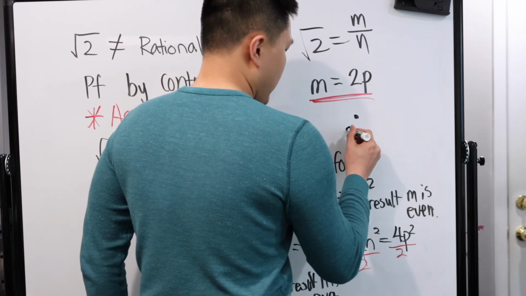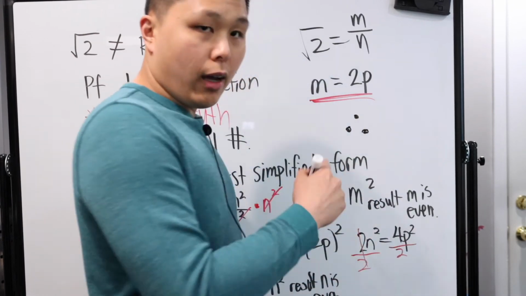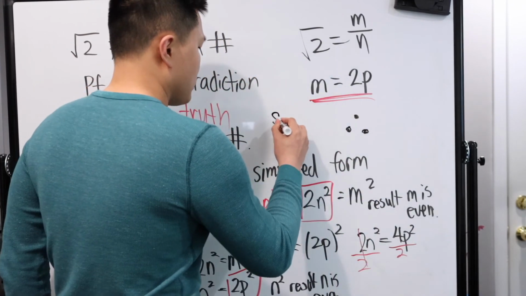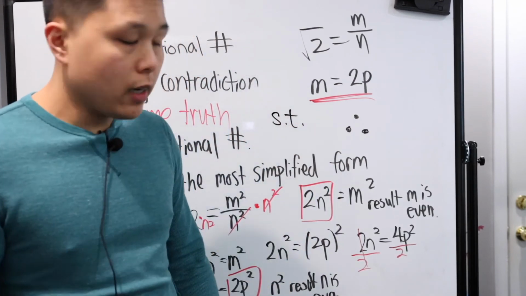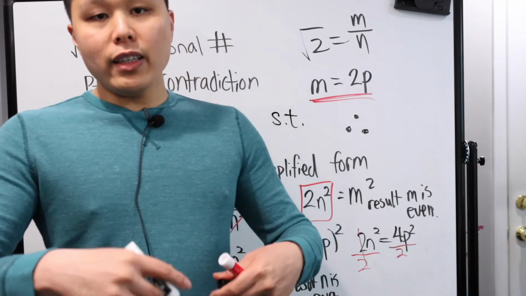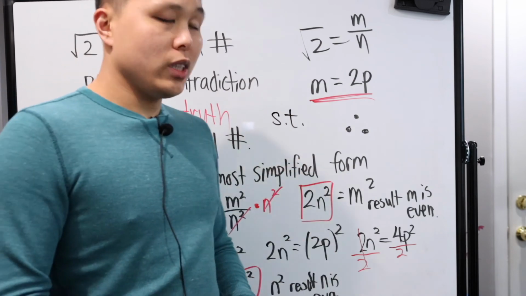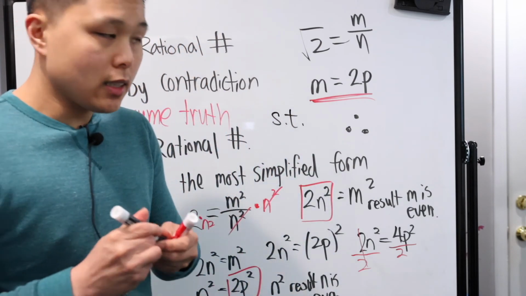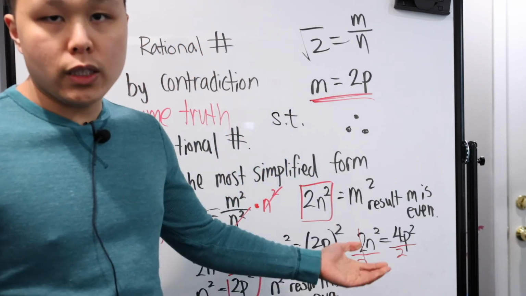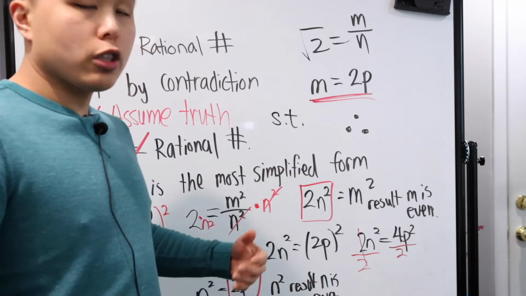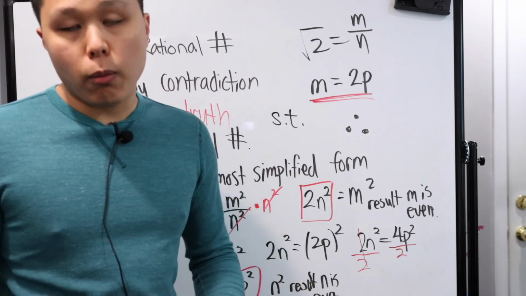It looks like a brainiac symbol, and that means therefore. Or you'll see stuff like this, s.t., as such that, and so on and so forth. Eventually I'm going to go into more detail about the different notation, but the idea is that you're reasoning, you're using logical deduction, you're explaining your train of thought, and that's all proof is.